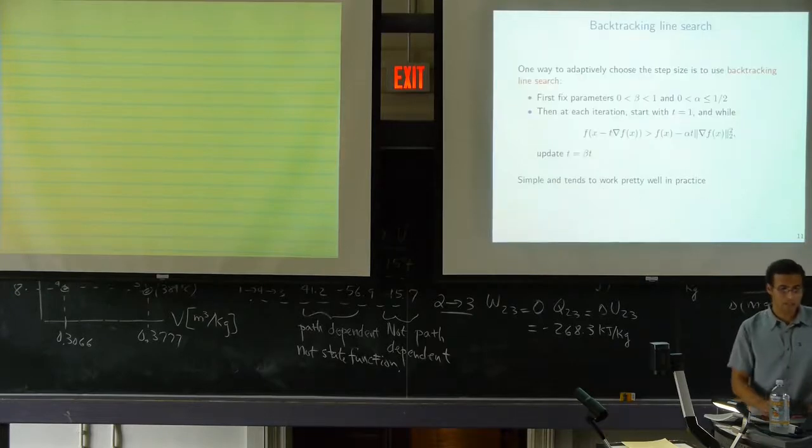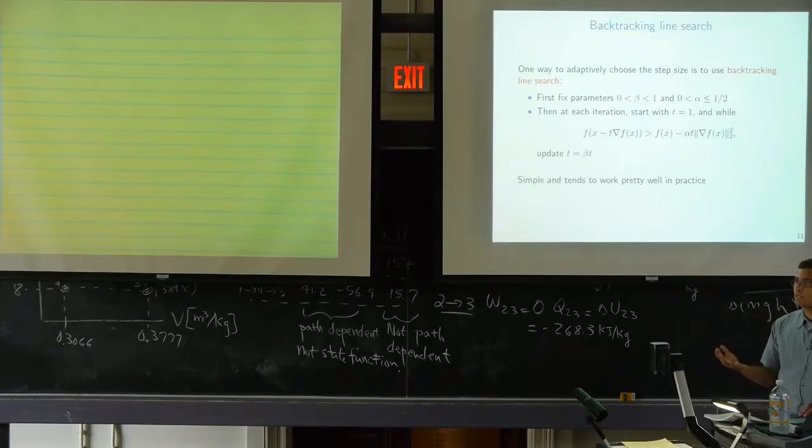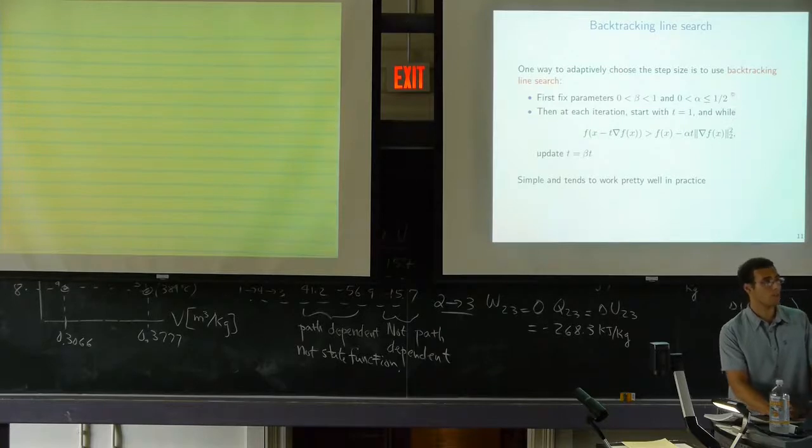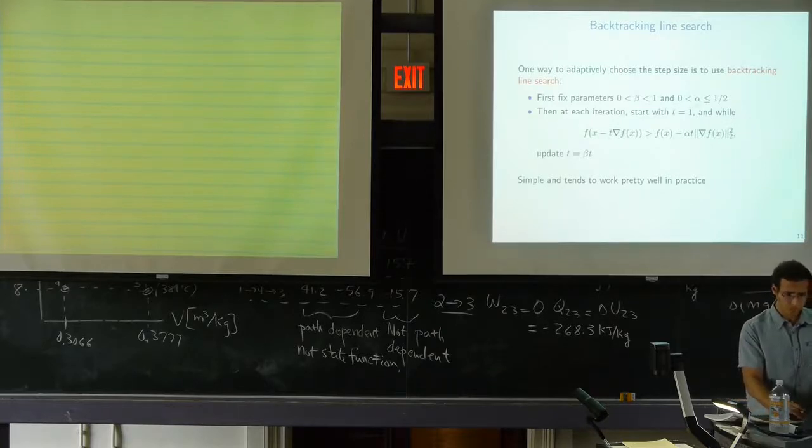We also talked about backtracking line search, which was this way for adaptively choosing the step size. So that means that it depends on the function and its values at every iteration, rather than fixing some constant ahead of time. And it will change from iteration to iteration as well. And there are 2 parameters, alpha and beta here, that kind of control how aggressive we are with the strategy. The strategy basically just has us repeat the following steps.